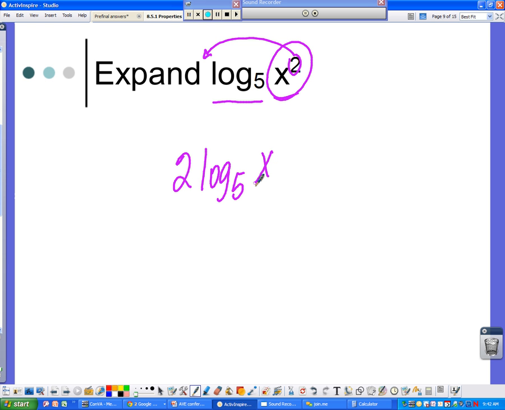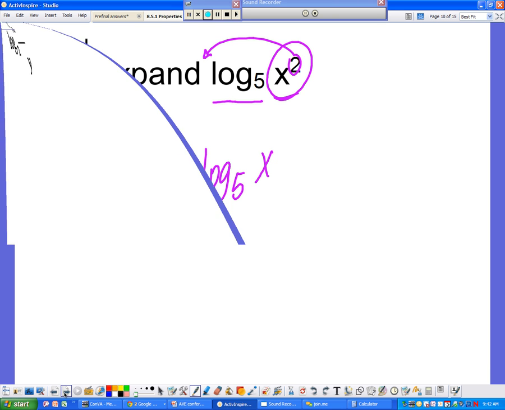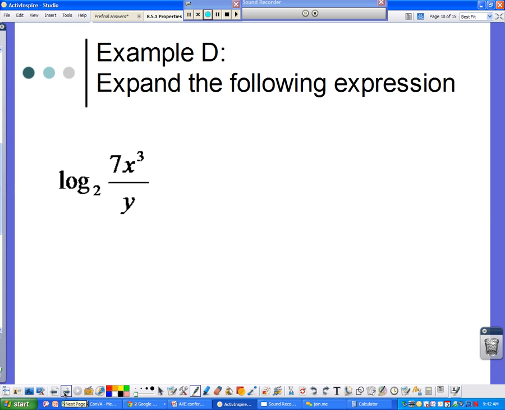Let's take a look at one that would involve a couple more. If you're looking at this one, log base 2, we've got several items here. When you're expanding, you're going to write it into, again, several different logs.